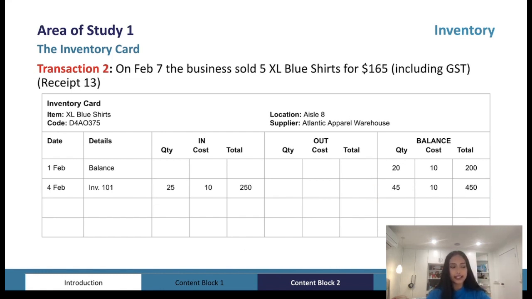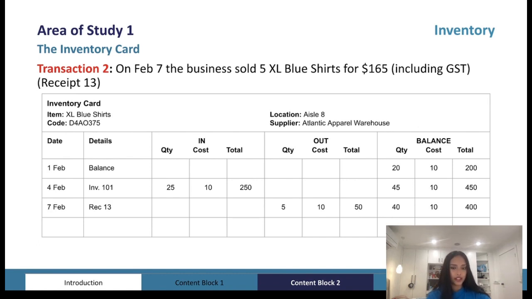Okay, moving on, here's our second transaction for the period that involves extra large blue shirts. So on the 7th of February, the business sold 5 of these shirts for a total selling price of $165, including GST. And the source document that verifies this transaction is receipt 13.